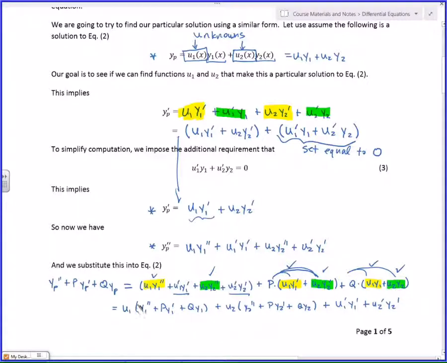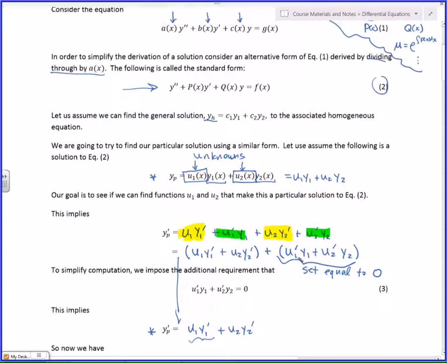Okay, so question, what is this right here equal to? You're close, though. That y1 is not a particular solution of 2. What is y1? General solution to the homogeneous equation. Homogeneous means what? Equal to 0. Right?